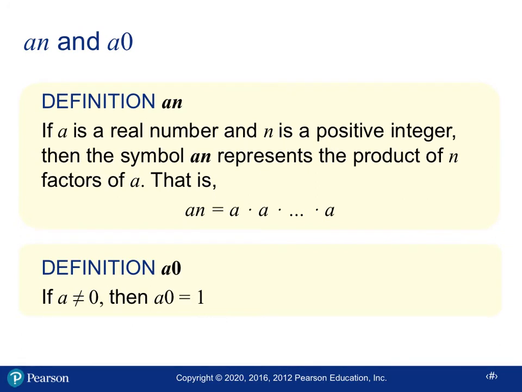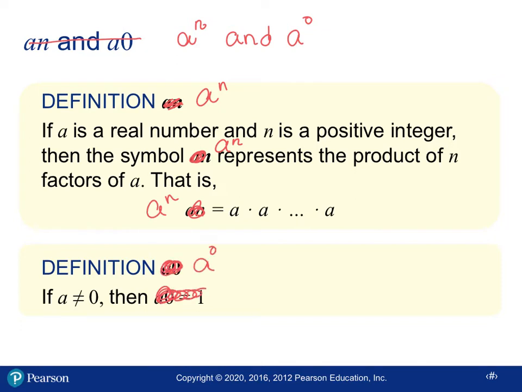So we're going to talk about the definition of a to the n and a to the 0. Again, I apologize, when I imported it, it didn't work. So these are exponents: a raised to the n power, and similarly, this is a to the 0 power, and this should be a to the 0 equals 1.